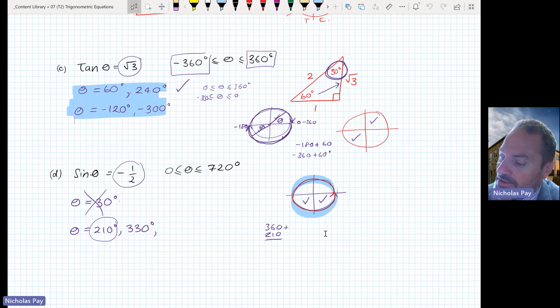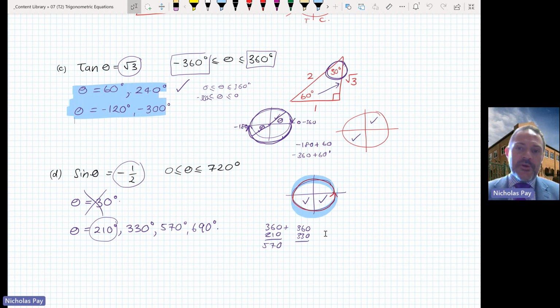If I add on 360 to the 330, we're going to get 690 degrees. Some people will think about it as going around from 360 plus 180 plus the 30, and then going around two lots of 360, which is 720, and then minusing the 30. There's other ways that you can think about that.